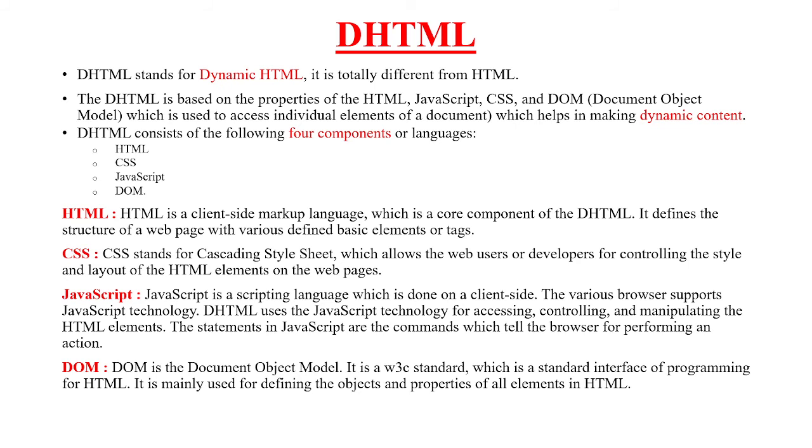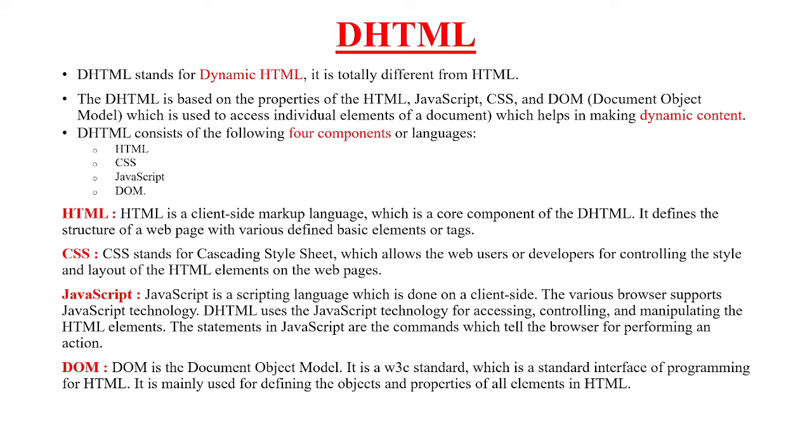Now let us move to what is DHTML. DHTML stands for dynamic HTML, and it is totally different from HTML because DHTML is based on the properties of four components, that is HTML, JavaScript, CSS, that is cascading style sheets, and the fourth is DOM, that is document object model.